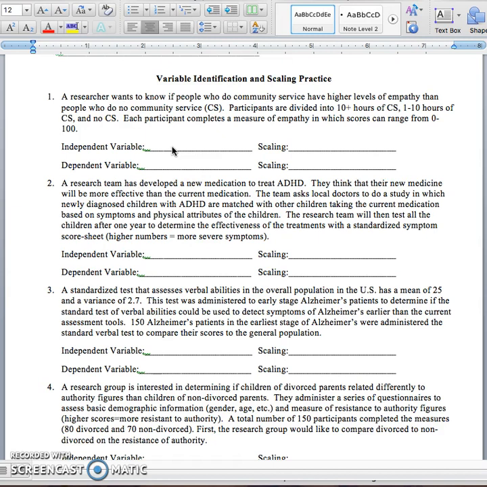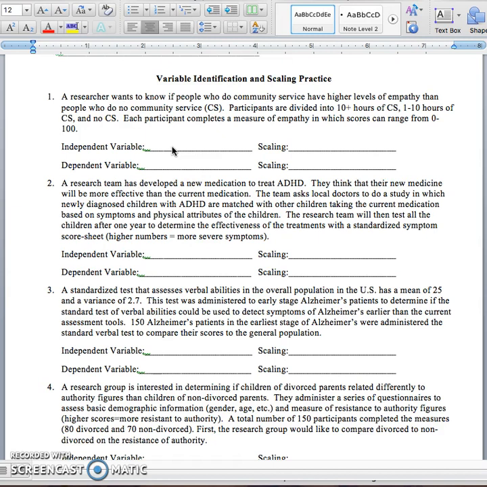So in this experiment, I think it's relatively more straightforward than some of your homework. We are splitting them up based on their levels of community service. So we are splitting them up with 10 hours above or below 10 hours. That's what we're manipulating.